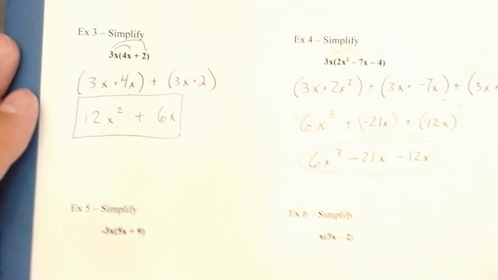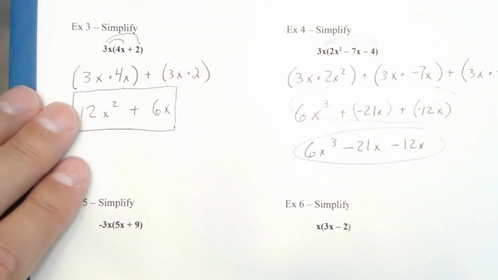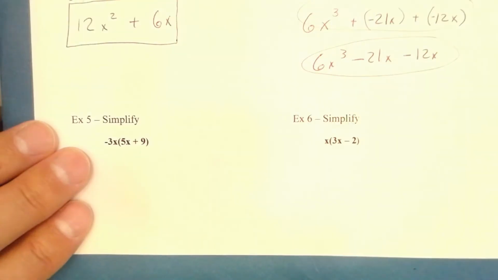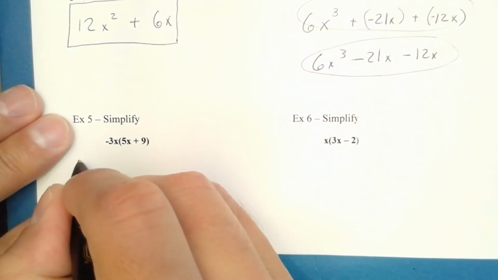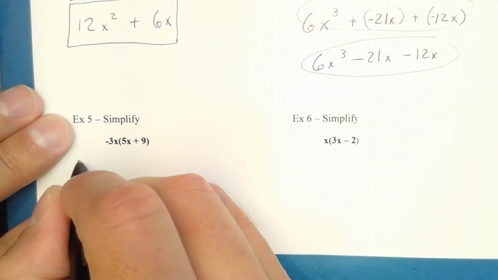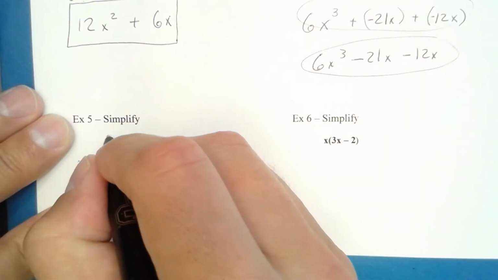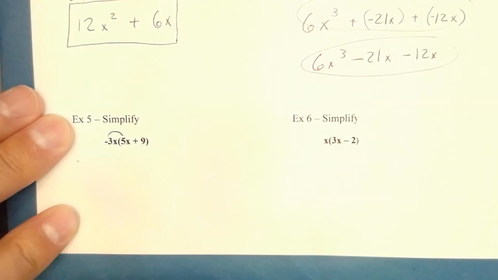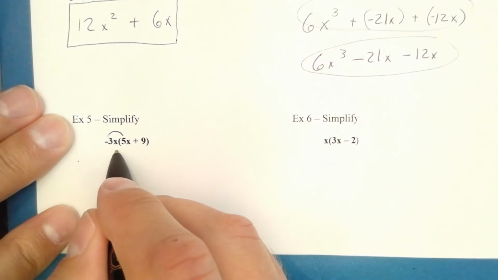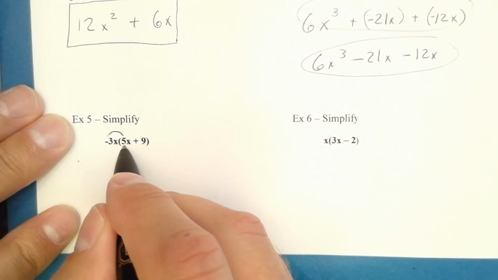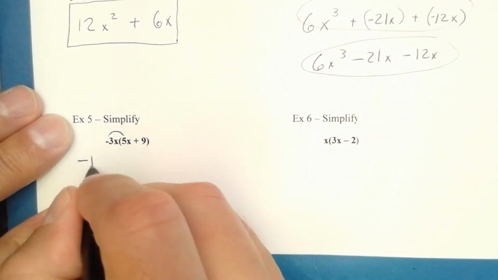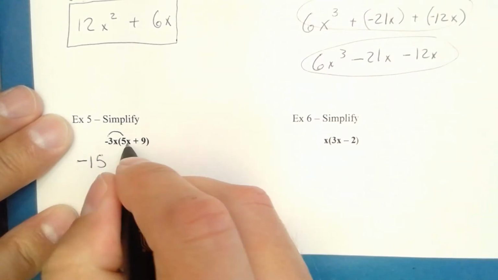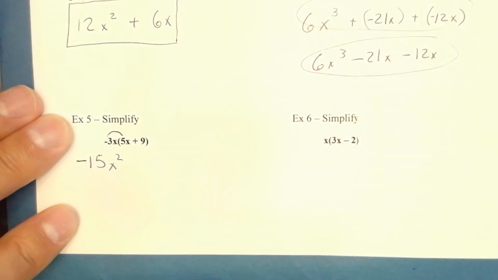Two more examples on this page. Negative 3x. Let's shortcut this one. I'm just going to show you a shortcut. Negative 3x times 5x. Well, negative 3 times 5 is negative 15. x times x is x squared.